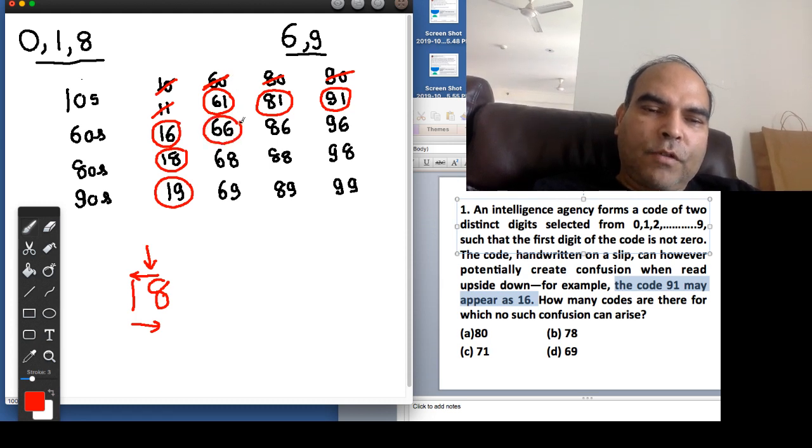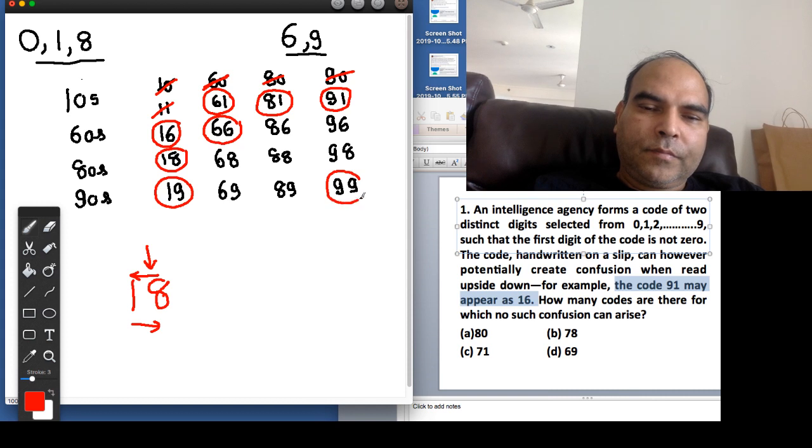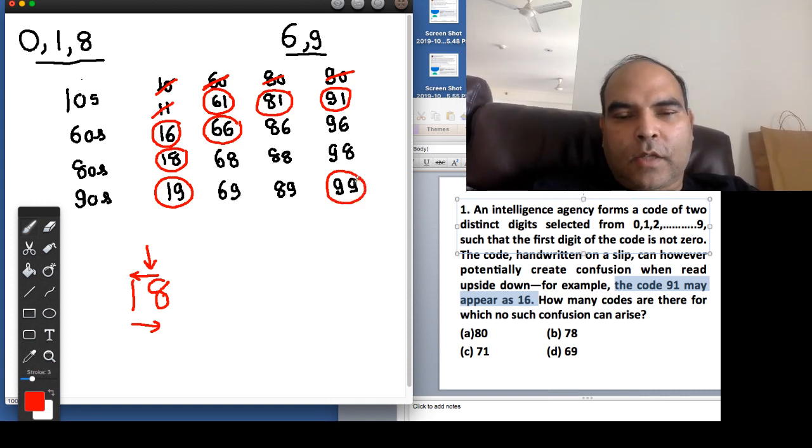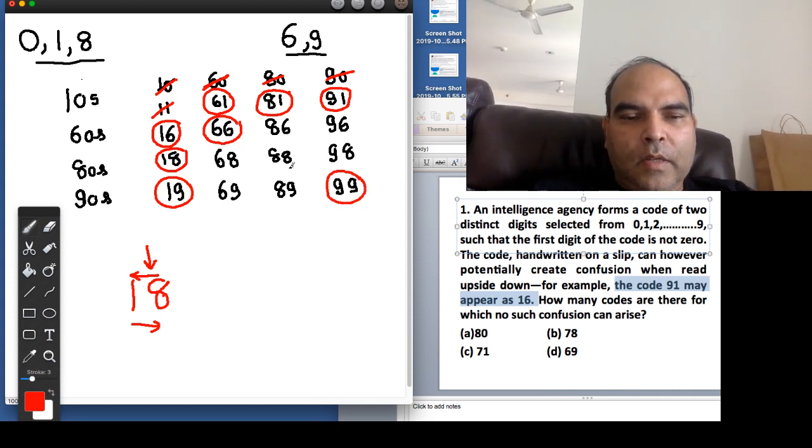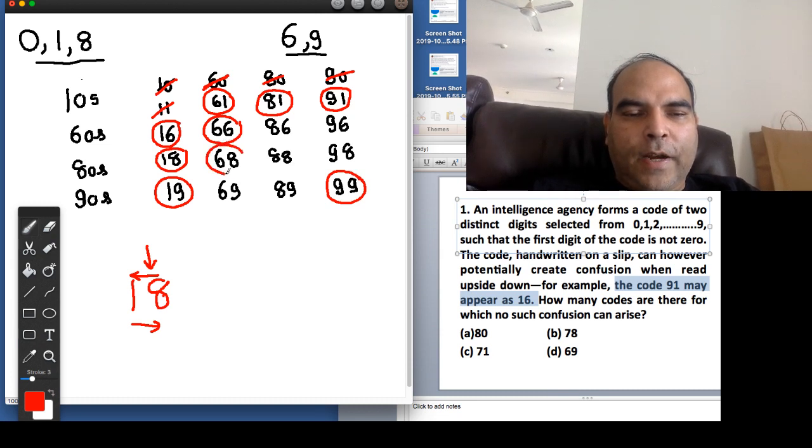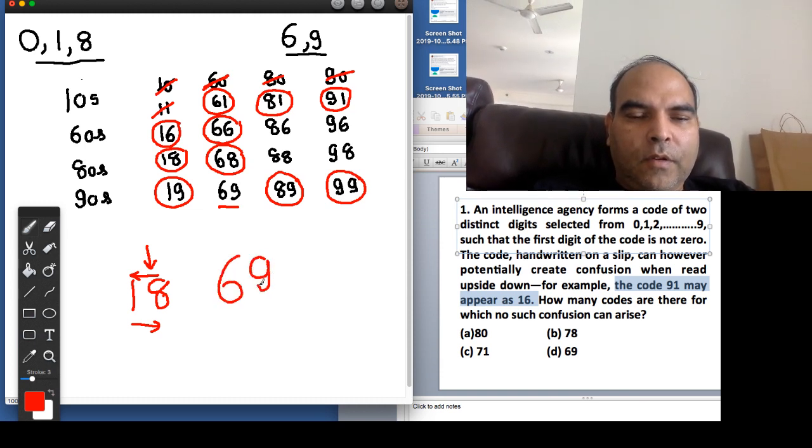66 will cause a confusion of 99. 68 will cause a confusion of 89. 69 is an interesting case and you need to be careful about this. If you look at 69 from the bottom it looks like 69.